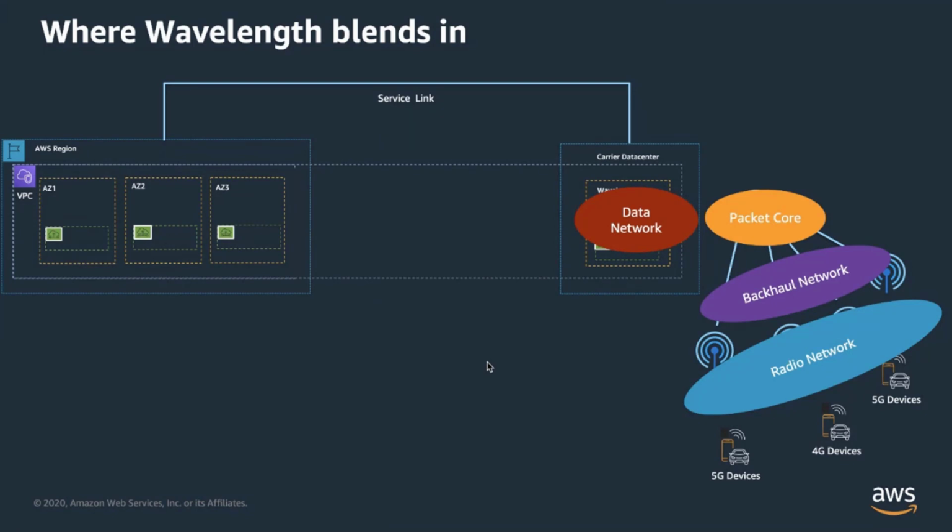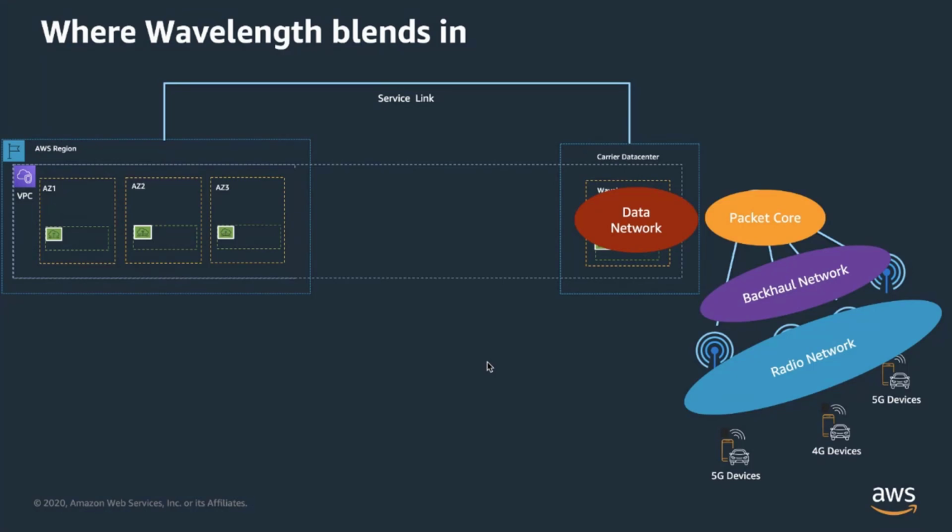So technically speaking, if you have to distribute your workload across these 10 Wavelength Zones for Verizon's mobile customers, you basically go and deploy them. For KDDI customers, you pick the Seoul region and then you go and deploy your applications in the SKT Wavelength Zone.